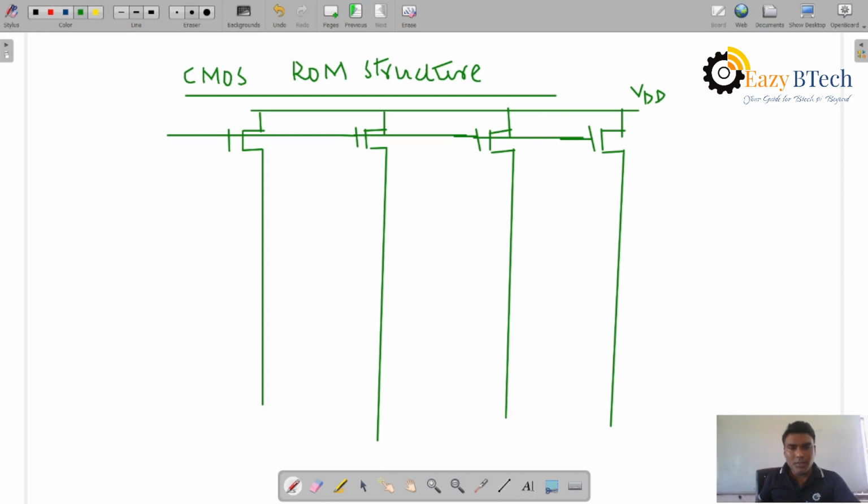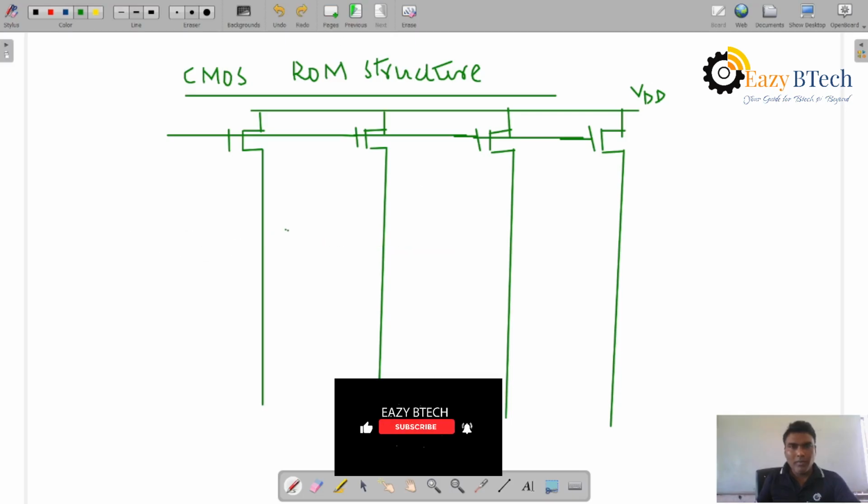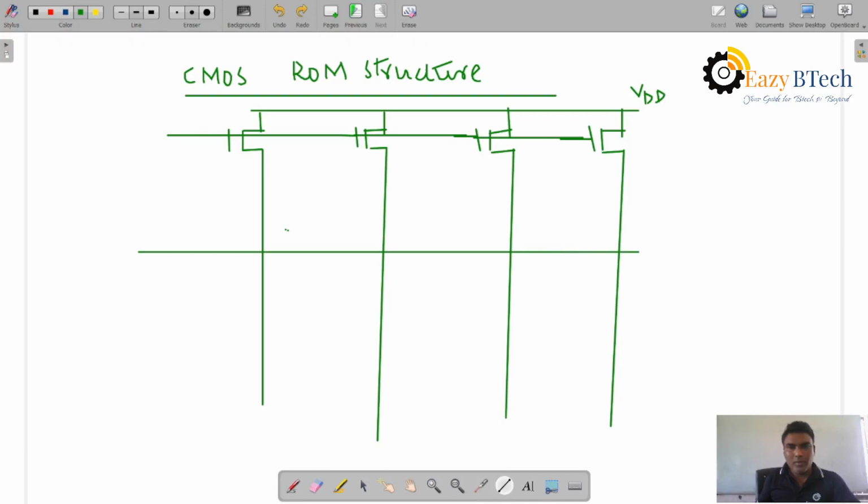When the transistor is present here, this is connected over here. This is VDD, so it is a PMOS transistor.